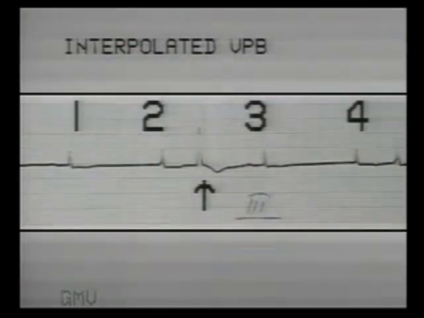Till now we saw that the sinus beat following an ectopic or premature beat is missing. But here the ventricular premature beat has occurred so early that it did not affect the AV node, which conducted the normal beat as usual. This is called an interpolated ventricular premature beat, usually seen with bradycardia.